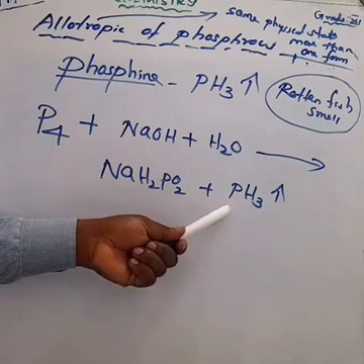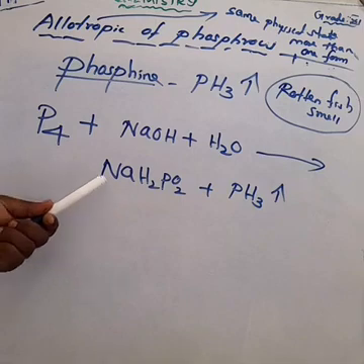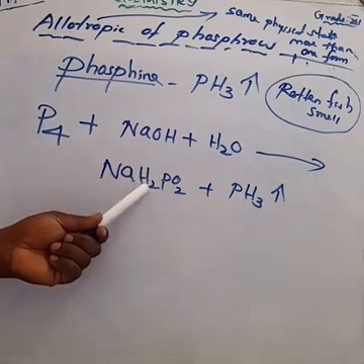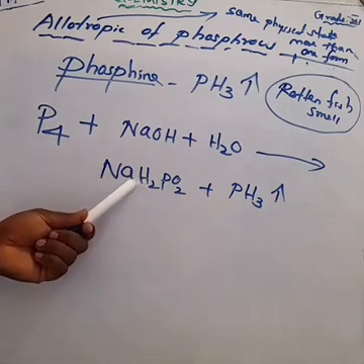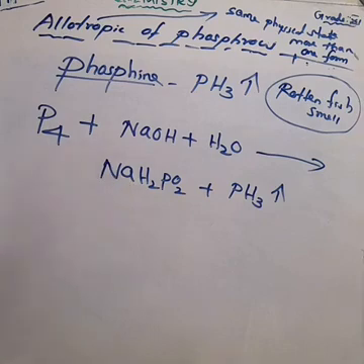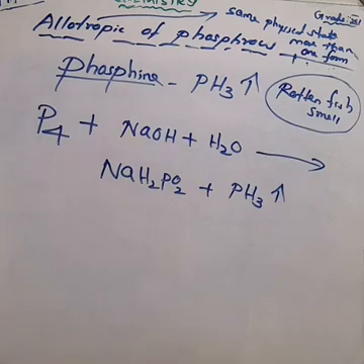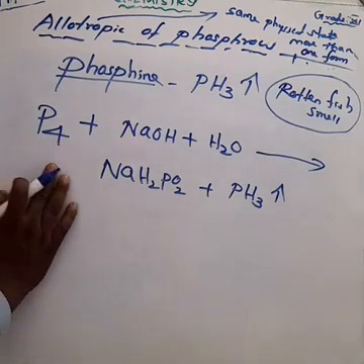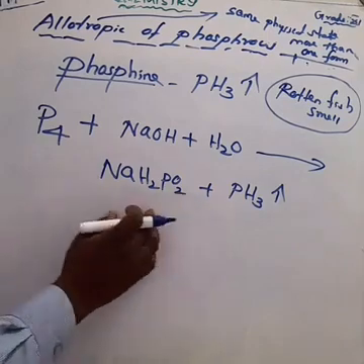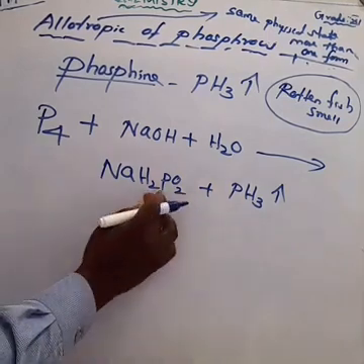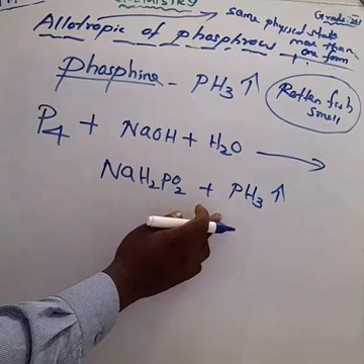Next, the sodium hypophosphite formula is NaH2PO2. How can you balance the equation? On the reactant side there is phosphorus P4, and on the product side there is 1 in each, so make it 3 NaH2PO2.